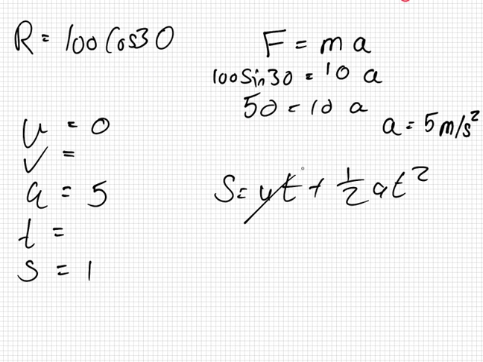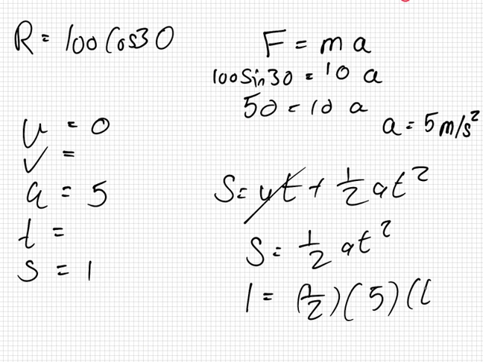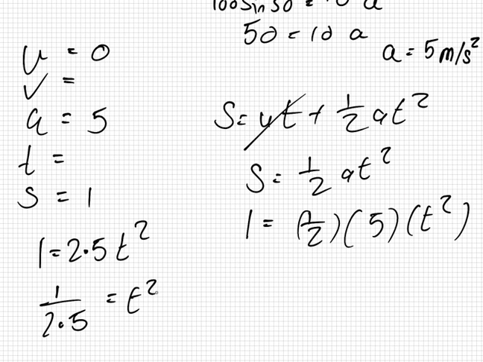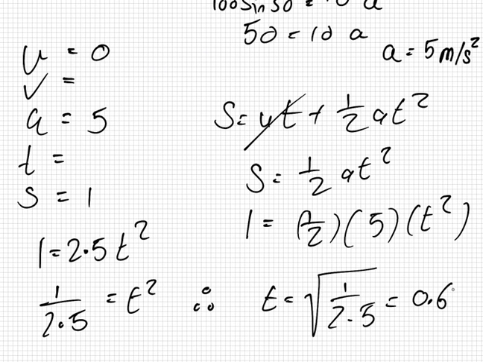U is 0, so that's gone. S is half AT squared. 1 equals half of 5 T squared. So 1 equals 2.5 T squared. 1 over 2.5 equals T squared. Therefore, T is the square root of 1 over 2.5, 0.6.